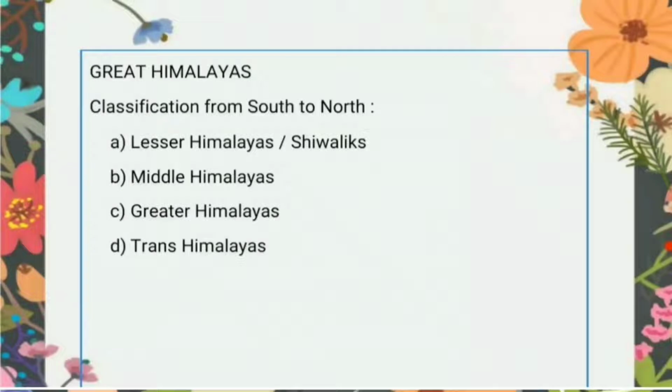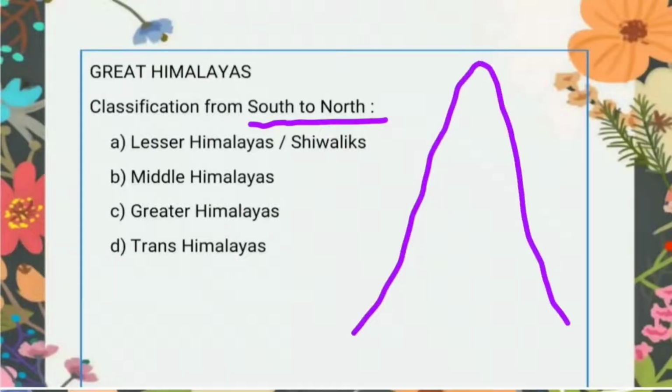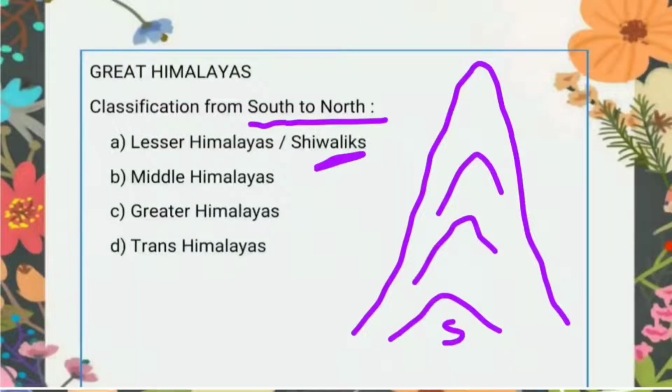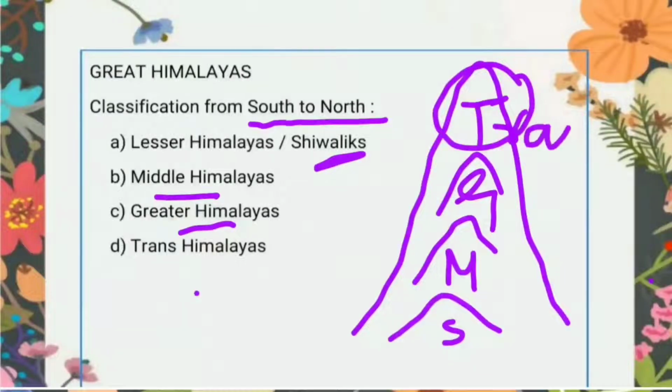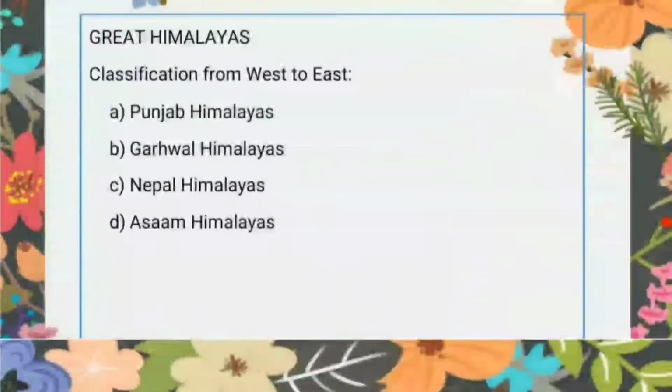Starting the classification from south to north, first comes in the south the Shivaliks, and then you will find the Middle Himalayas, and after that the Greater Himalayas, and then at the top you will have the Trans Himalayas.